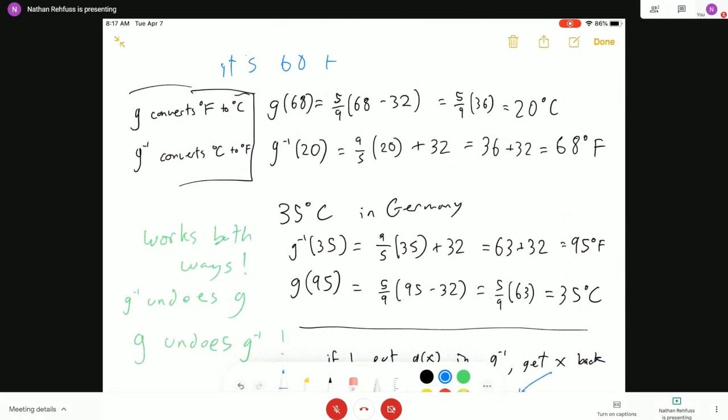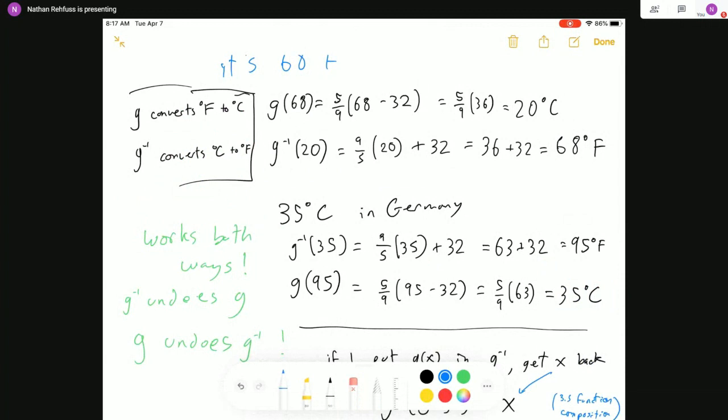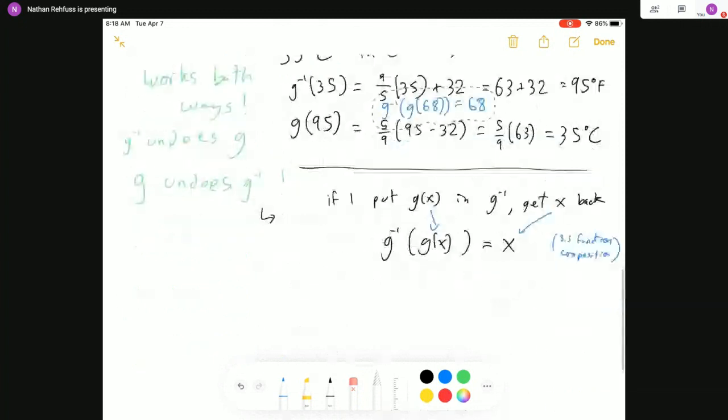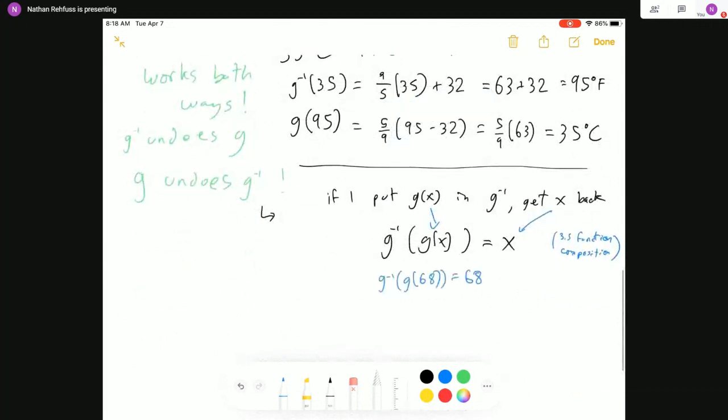I could write this as I put G of 68 into G inverse, and I get 68 back. Because G of 68 was 20, and G inverse of 20 was 68.